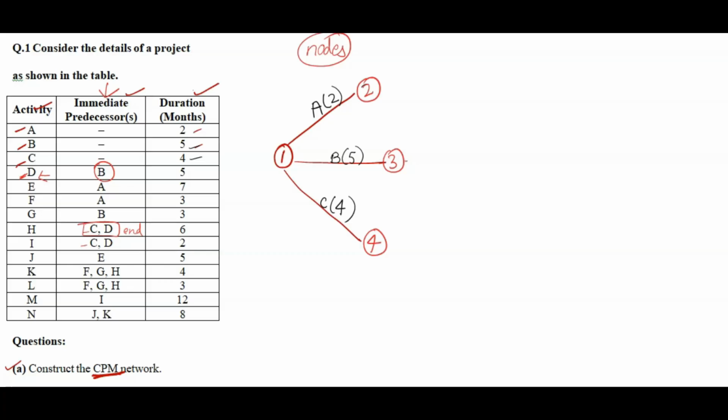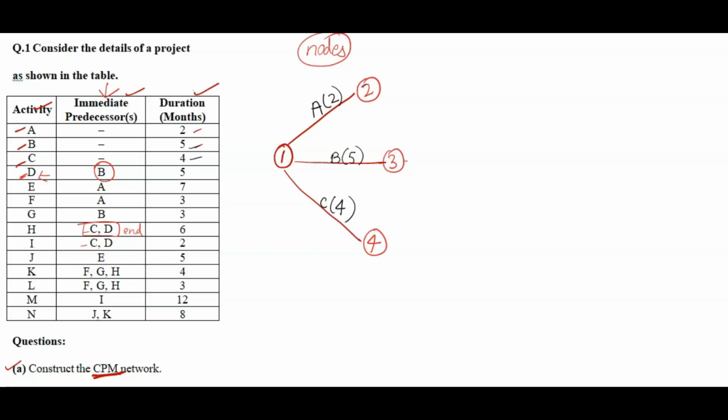If there are activities which are immediate predecessors for any other activity, if there are 2 activities or 3 activities or more, then it means the ending nodes for all those activities will be the same. So D we have to start with B, D we have to start from the third node, that is clear, but C and D should end at the same place.